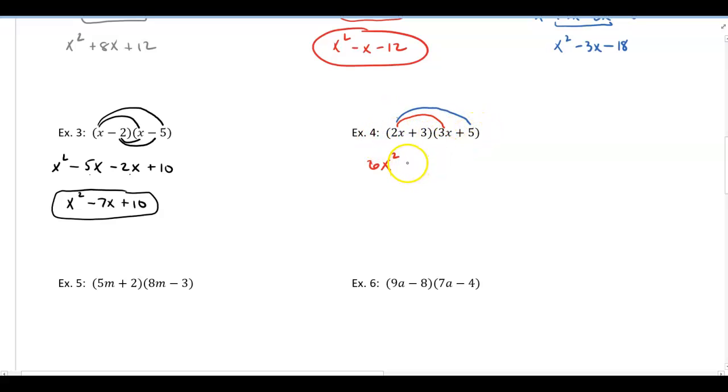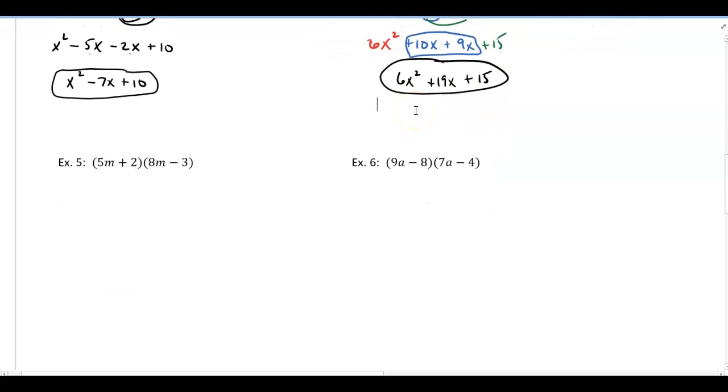Well, 2 times 5 is 10, and then I bring the x along. 3 times x is going to be 9x. And then 3 times 5 would give me 15. When I combine like terms in the middle and simplify my answer, 6x squared plus 19x plus 15.